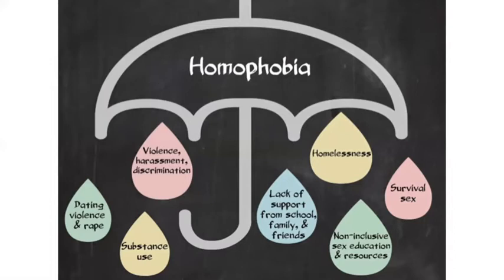They may also have a lack of support from school, from family, or friends. And if they're not having that support at home, that could ultimately lead to homelessness, which could further lead to survival sex if someone is trying to find a roof over their head or somewhere to stay. You know, they might exchange sex for those goods. So that's what survival sex is.